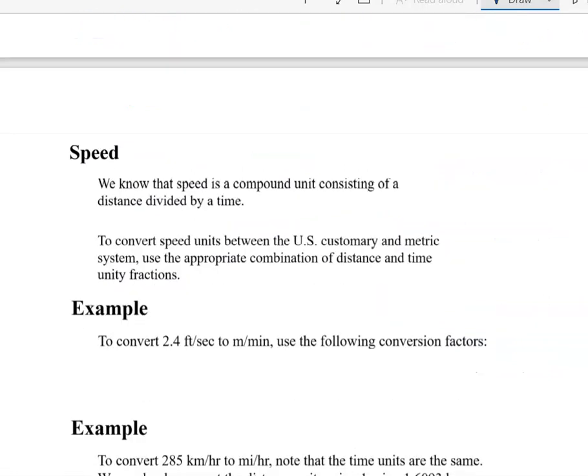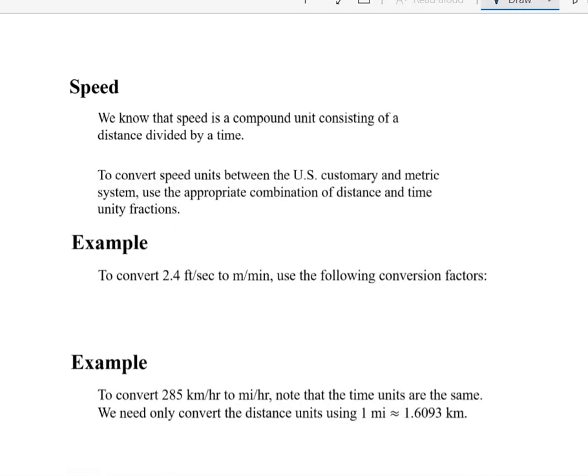Talk about speed. We're talking about usually miles per hour, but when we're in the metric system, it's going to be meters, not miles, right? But our time unit should be the same.